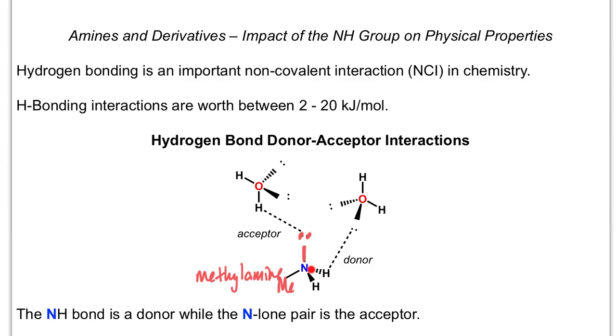The NH of the methylamine can be a donor for water to accept, and then this lone pair of the nitrogen can accept an OH from water. And so through those interactions, we can make some claims about miscibility in water and other polar or non-polar solvents.